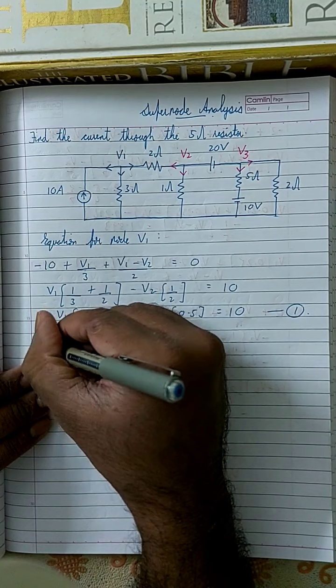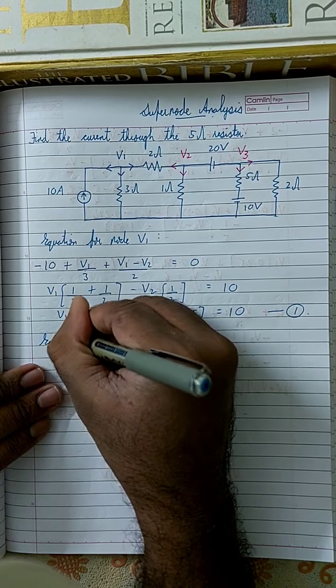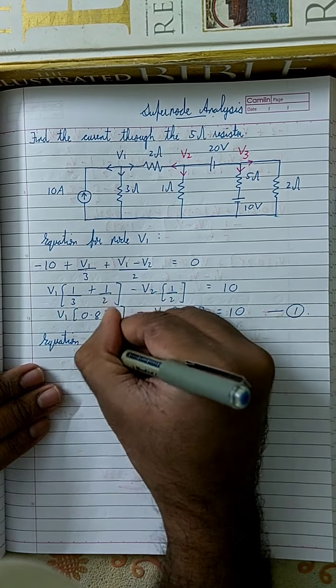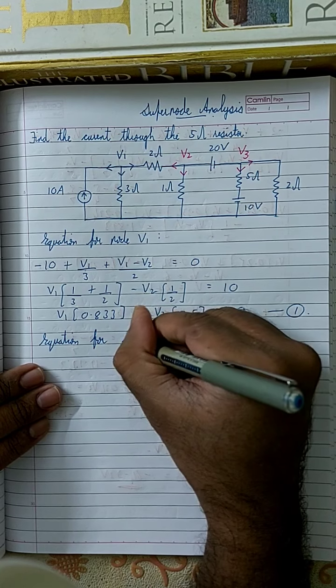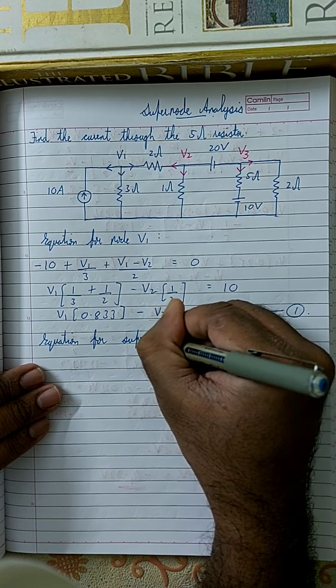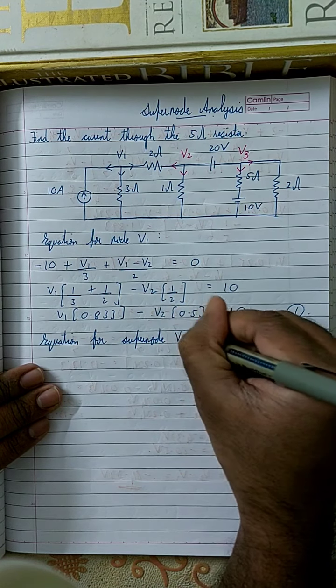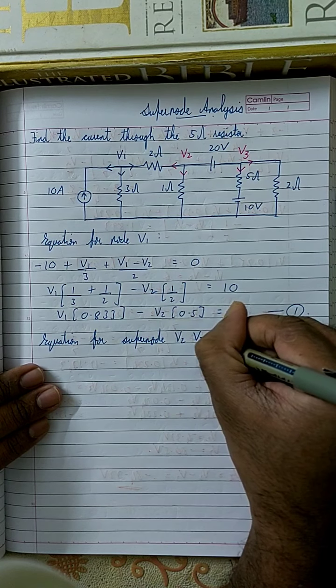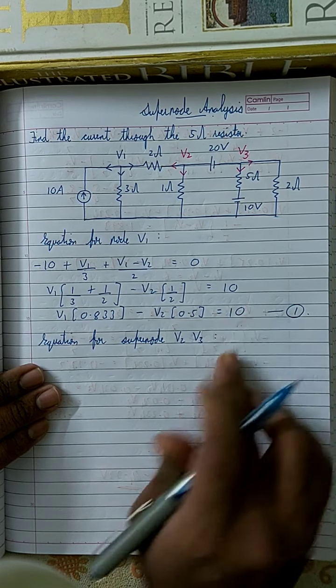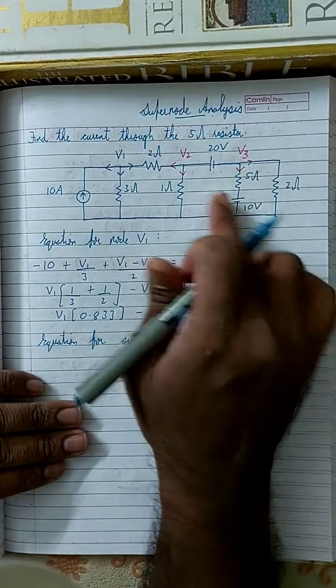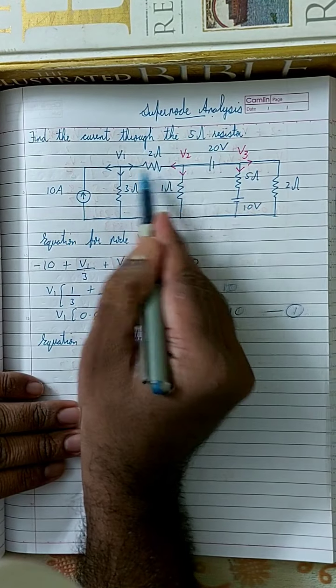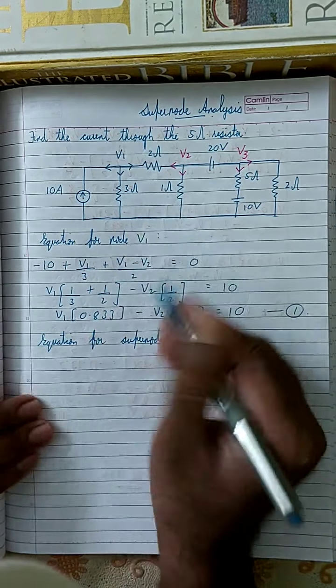That is the equation for supernode V2 V3 or V2 dash V3, whichever is convenient. I like V2 V3, okay. So in that case, what is the equation? What is the equation through this branch? It is V2 minus V1 by 2.